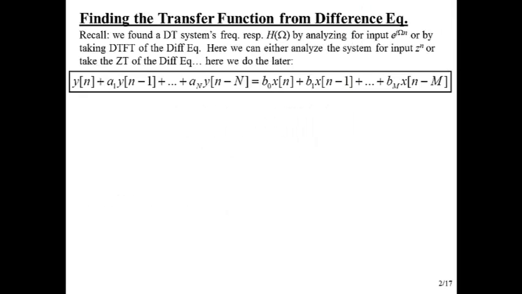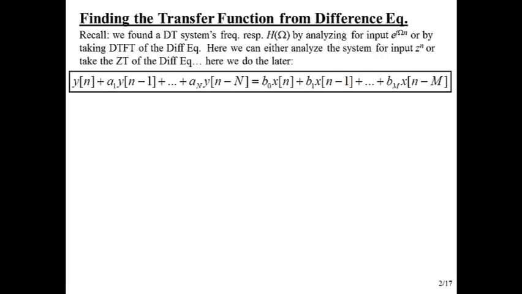So we found the frequency response from the difference equation a couple lectures back, and now we're going to find the transfer function from the difference equation. And don't forget that the frequency response and the transfer function are really closely related to each other.